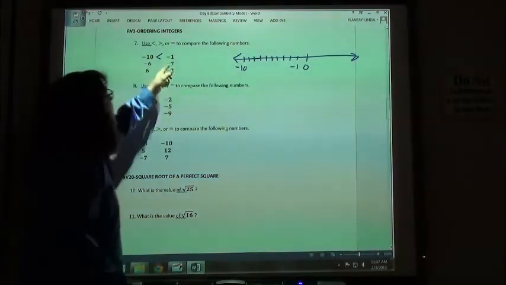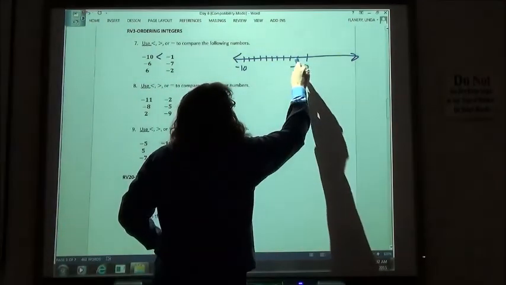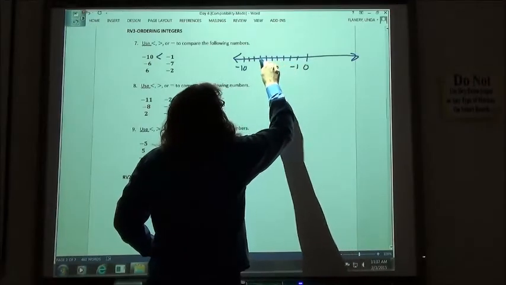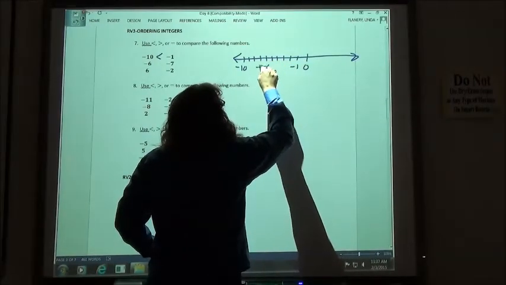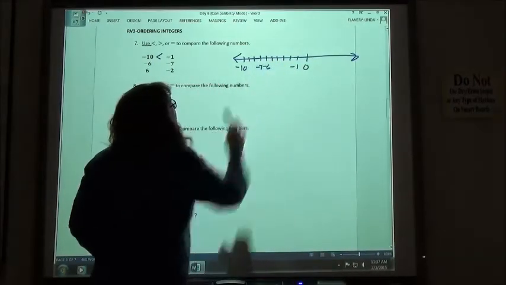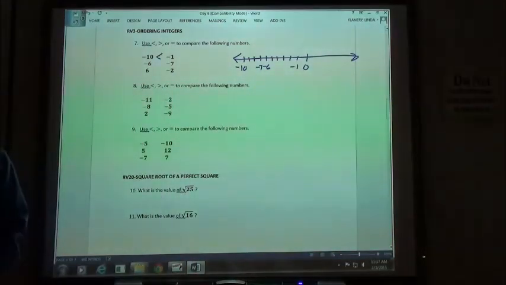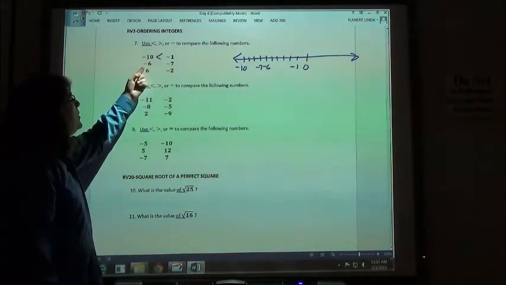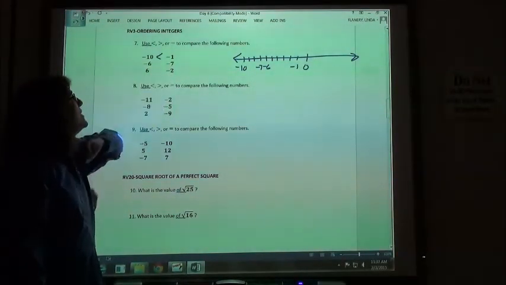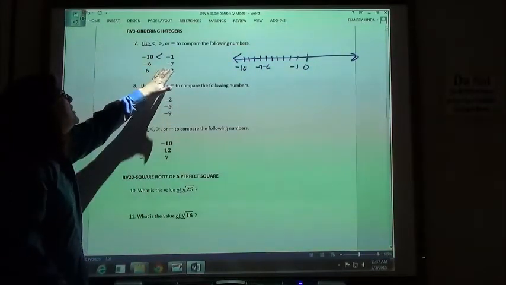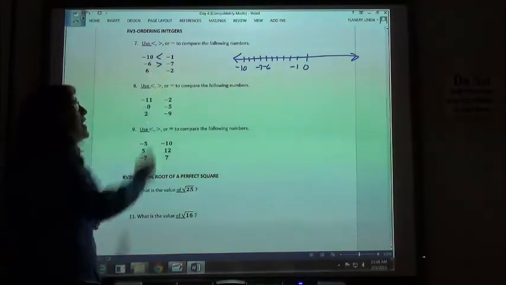If I'm comparing -6 to -7, 1, 2, 3, 4, 5, 6, 7. Here's -6, here's -7. -6 is on the right side of -7. If it's on the right side, it actually has a bigger value. If you think about the temperature, if the temperature is -6 and the temperature is -7, -6 is going to be greater than -7.